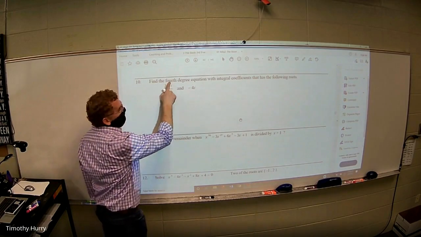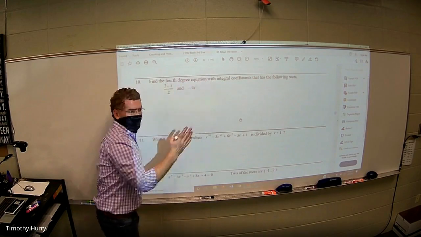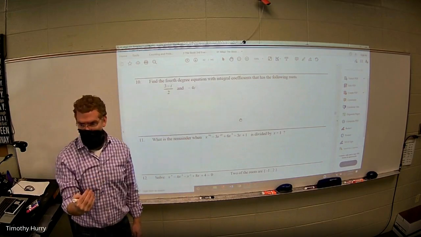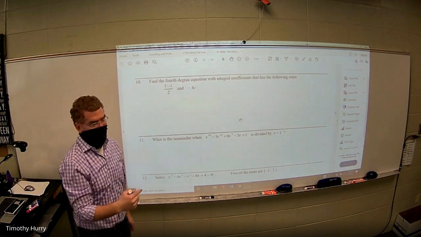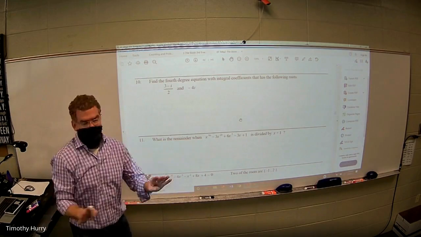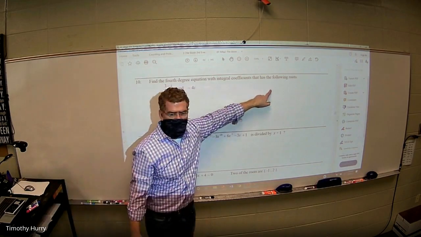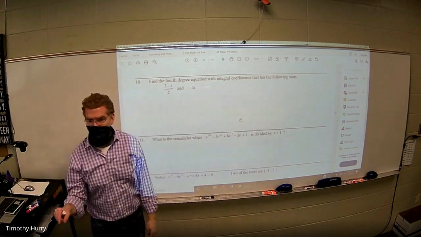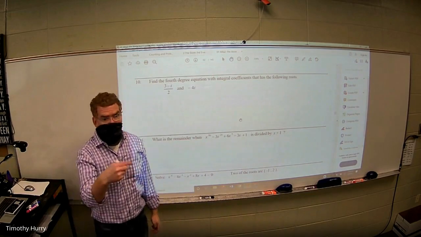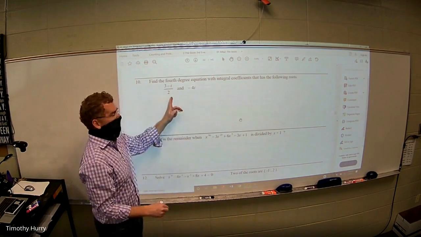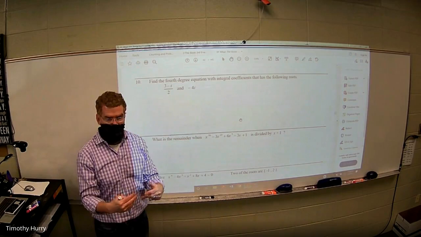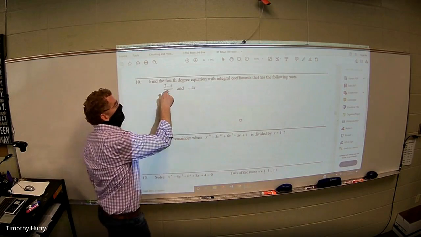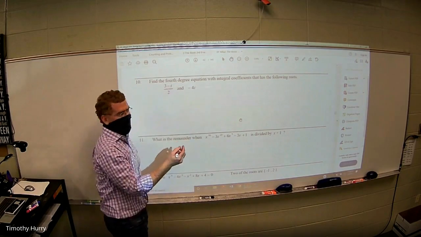But yes, if it's a fourth degree equation, that means it has to be x to the fourth, right? But I've only given you 2 roots. The other 2 roots could be anything. Wait, not if they're integral coefficients. If there's integral coefficients or real coefficients, which is what integers are, then these would have to occur in conjugate pairs. And conjugate pairs means that you just change the sign of the imaginary part.